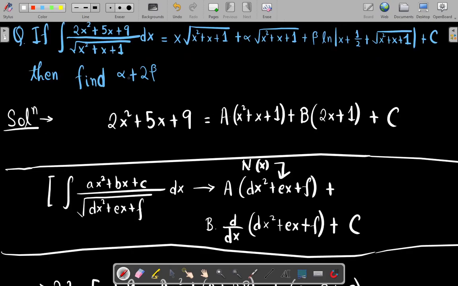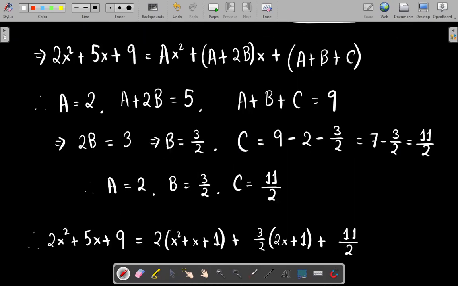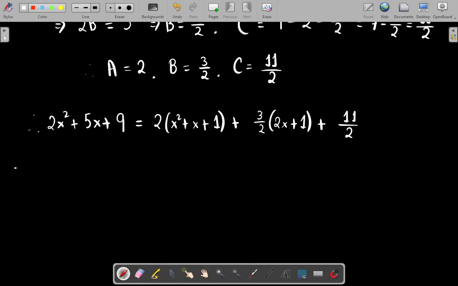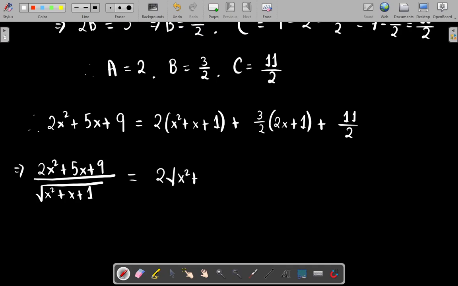Now let us divide both sides by the square root of x² + x + 1. The term (x² + x + 1) divided by its square root is just the square root, like a upon root a, so this will be just 2 times the square root of x² + x + 1.